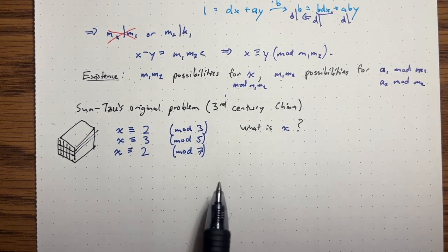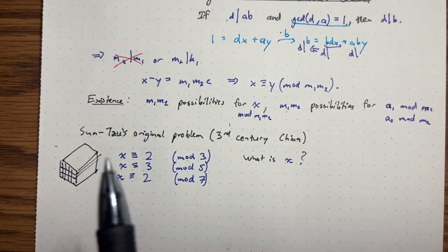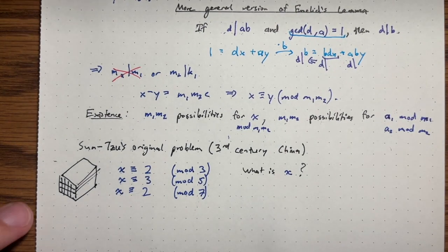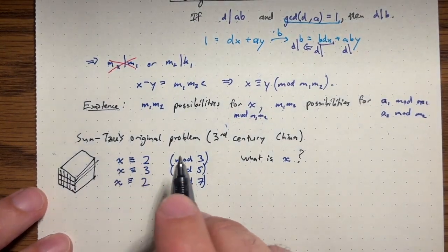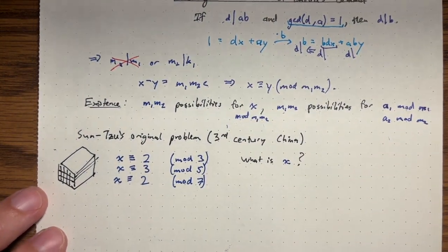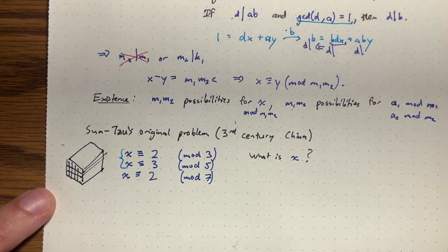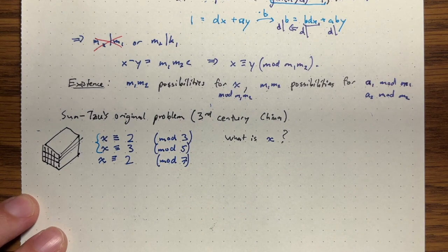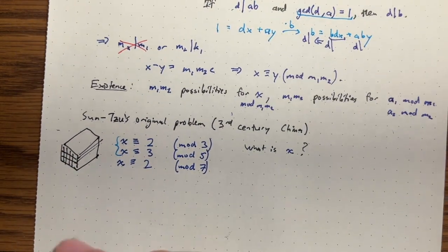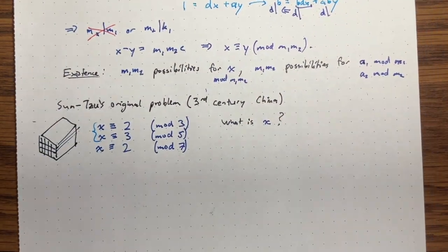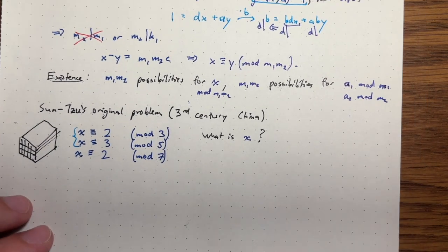There's another approach, though. We can keep this a 2-dimensional problem by first choosing 2 of these. So let's first choose these 2. I'm going to ignore the third one for now. So pretend this doesn't exist. We're just going to solve this first one.